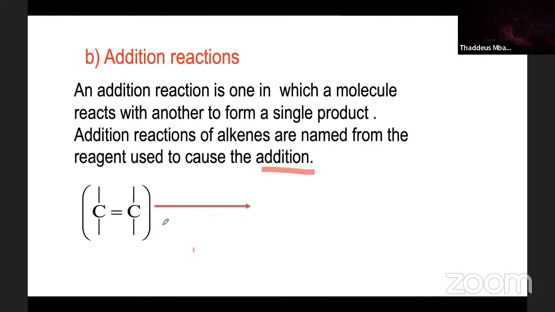But for this one, we only form 1 single product. We call it addition because it is added. So the atoms are added, zinaongezwa. So the product will have the reagent plus the atoms of the reactant. So what happens during addition is this: hii double bond huwa inavunjika.